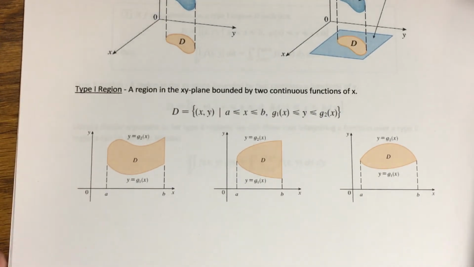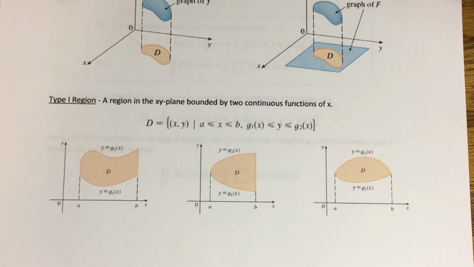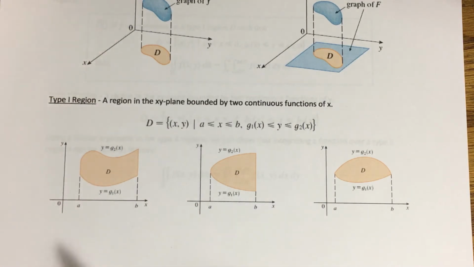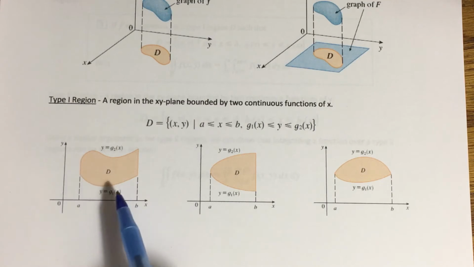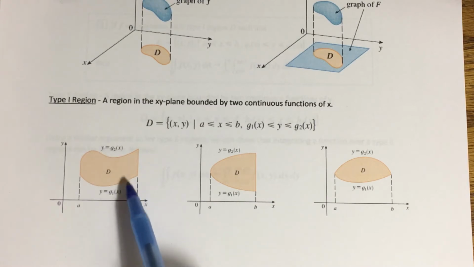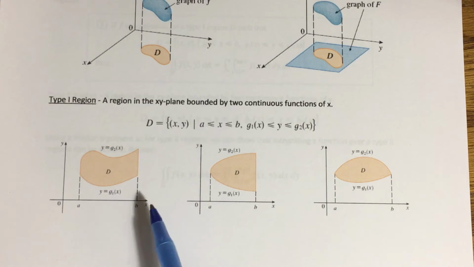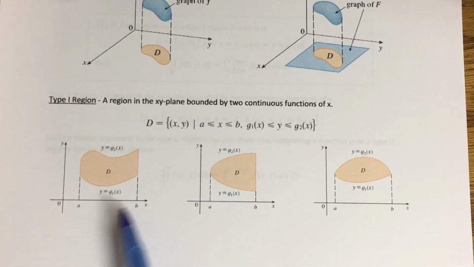So in this section, when we're talking about general regions, we're actually going to be looking at 2 different types of regions. The first we just call a type 1 region. And what we mean by a type 1 region is we're looking at a region in the xy plane that's bounded above and below by 2 functions of x. So y is a function of x in these 2 cases. And then the x values are bounded by an interval on the x-axis.